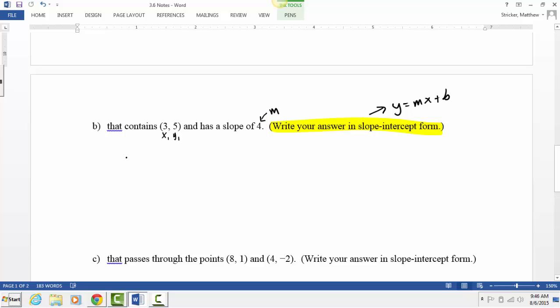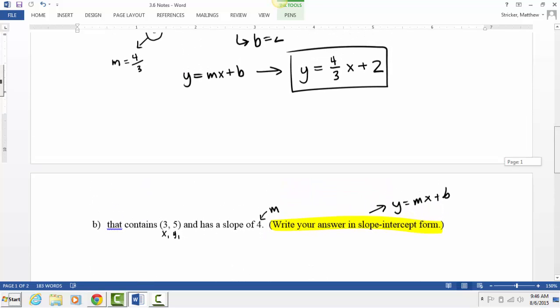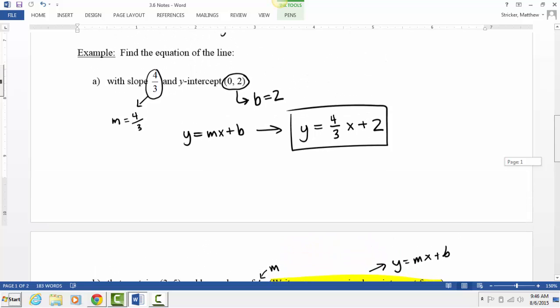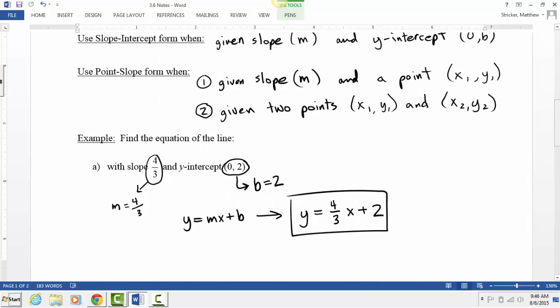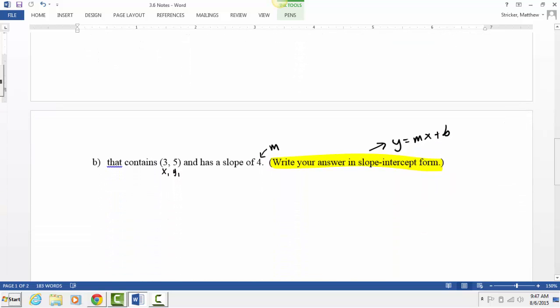And we know this is a case where we want to use the other form though. We want to use point-slope form. Use point-slope form when you're given the slope and a point. So if we're given slope and a point, and the form looks like y minus y1 equals m times x minus x1, we go ahead and plug in the information.